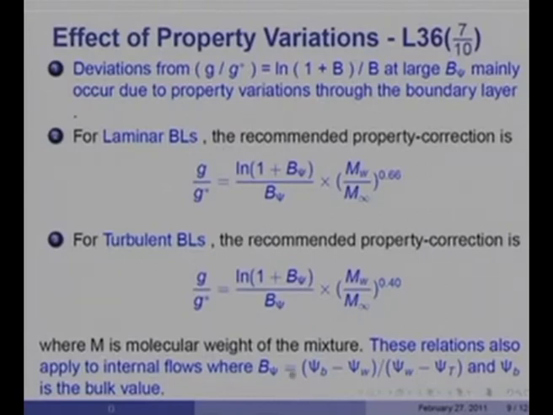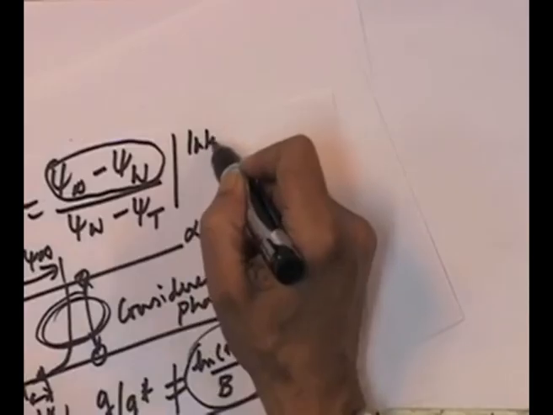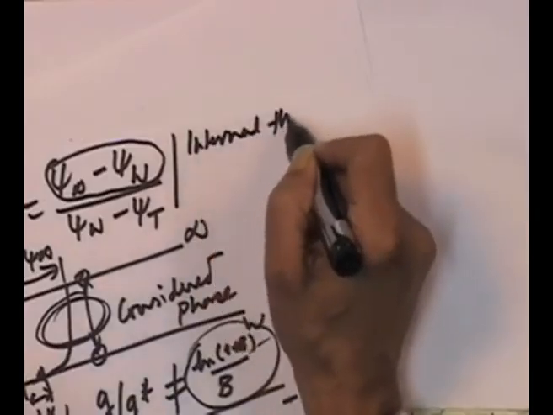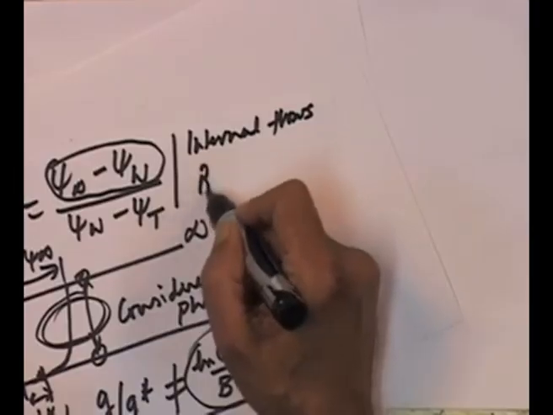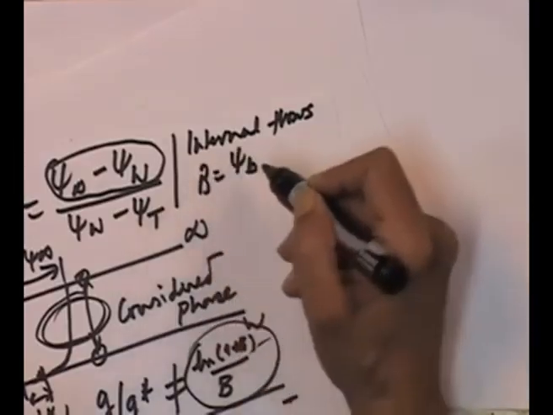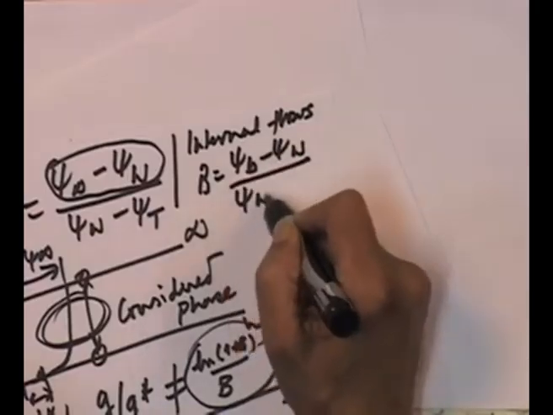Now, these sort of corrections that we have indicated also apply to internal flows. The only difference is that in internal flows, instead of psi infinity, we simply take B equal to psi of the bulk value minus psi wall divided by psi wall minus psi t.